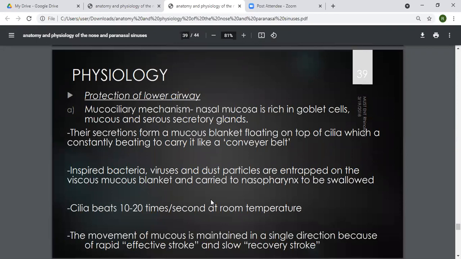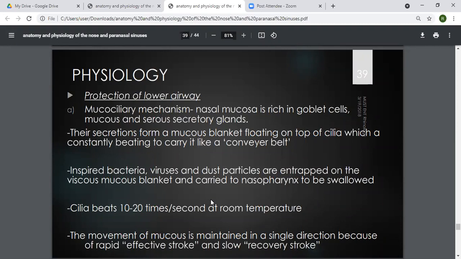So the other part is protection of the lower airway, and this is still done by the nasal cavity, filtering out inspired bacteria, viruses, and dust particles that get trapped in the mucus blanket within the nasal cavity. And this is pushed to the nasopharynx, and later the person swallows it.